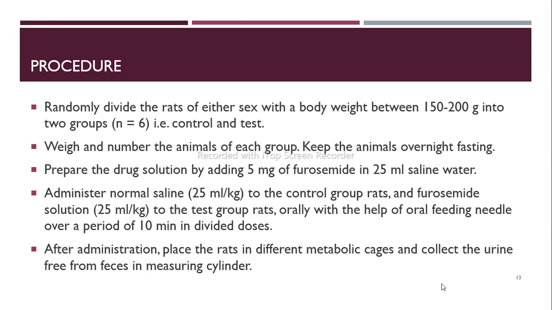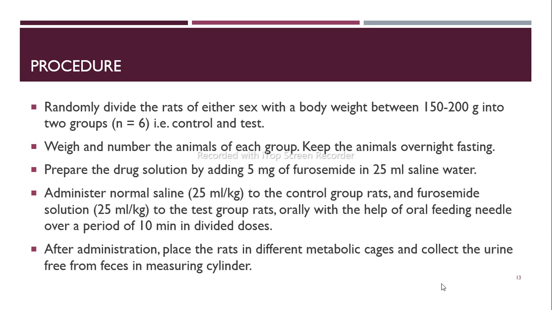We have to prepare the drug solution by adding 5 milligram of furosemide in 25 ml of saline water. We have to administer the normal saline, 25 ml per kg, to the control group rats, and the furosemide solution, 25 ml per kg, to the test group rats.